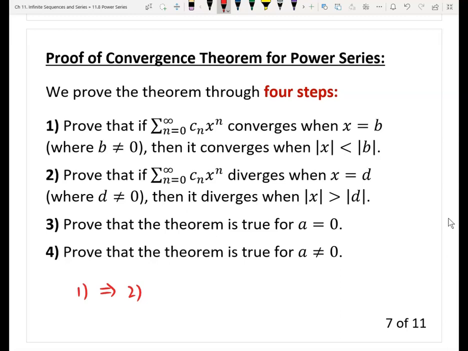After we prove step 2, we use the results from step 1 and step 2 to prove the third step, and use the results of step 3 to prove the last step 4. Can we see? So if we prove 3 is true and 4 is true, therefore we prove the theorem. Now let's go into the first step.